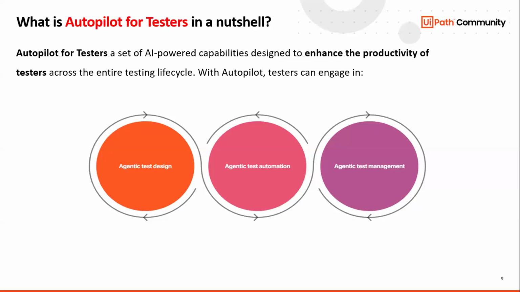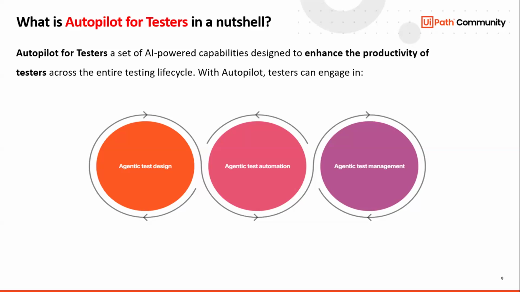This is exactly what Autopilot for Tester does. It is not a single tool or technology, but rather a set of AI powered capabilities designed to enhance the productivity of testers throughout the entire life cycle. With Autopilot, testers can engage in agentic test design, where it helps the testers in designing the test cases.